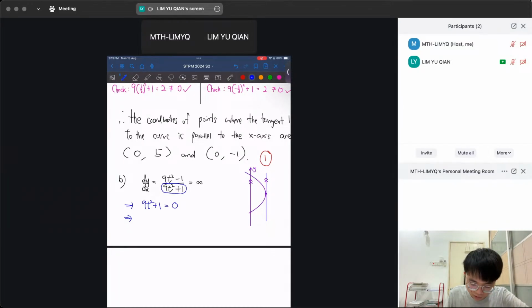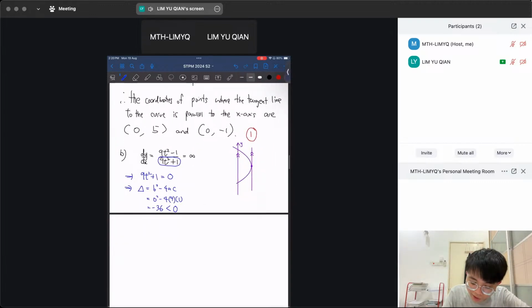How can you tell? One of the very basic ways is to find the roots. They are imaginary numbers, not real numbers, also okay. So let's find the discriminant, b squared minus 4ac, which is 0 squared minus 4 times 9 times 1, equal to negative 36, which is less than 0.